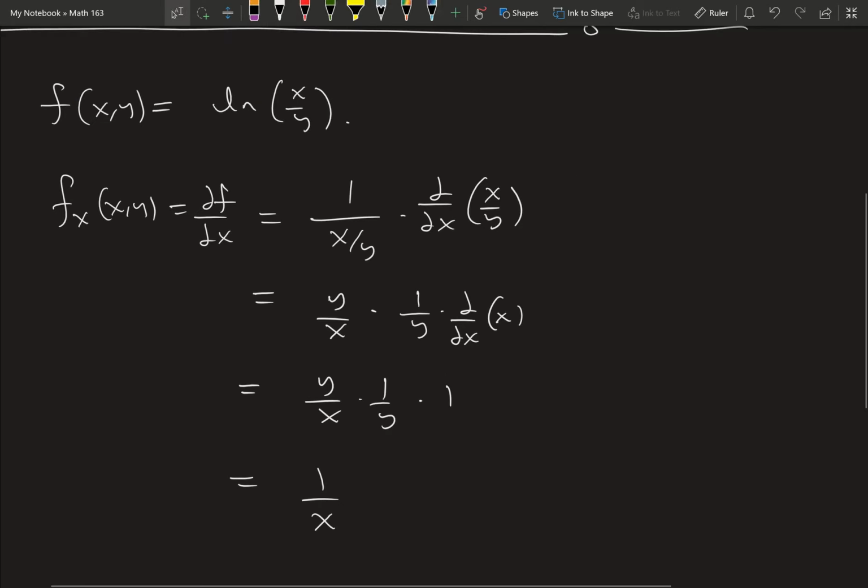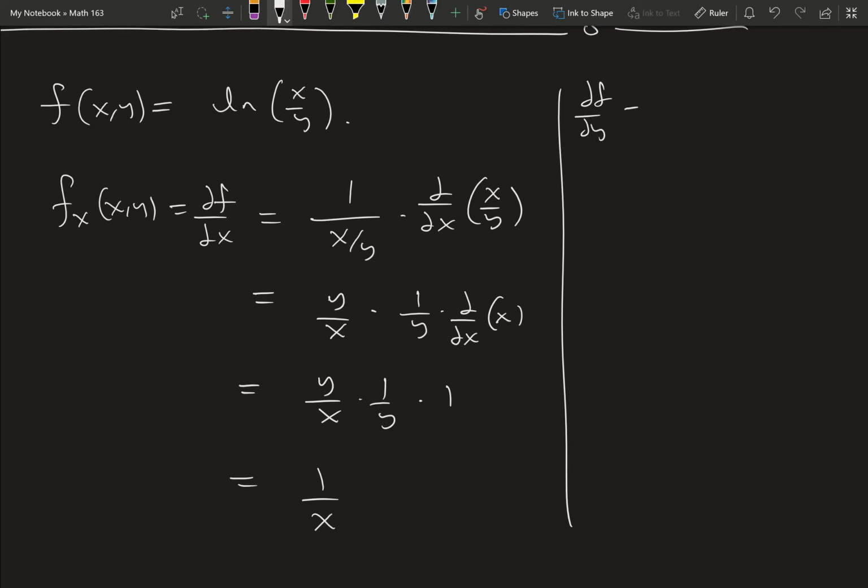On the other hand, if you take the partial with respect to y, this is 1 over x over y times the partial of the inside with respect to y. So this is y over x times, here x is a constant, so x times the partial of y to the minus 1.